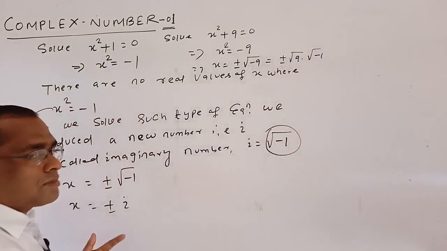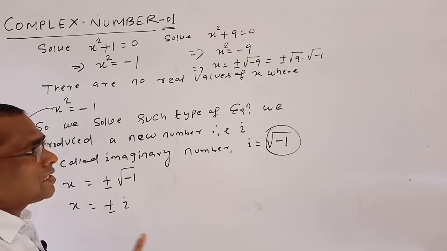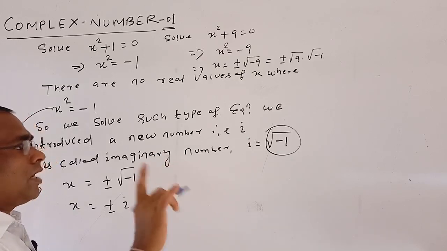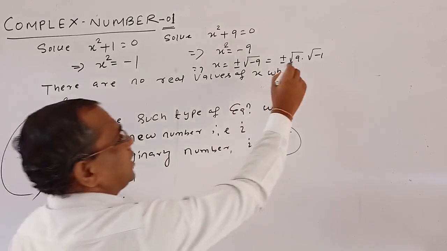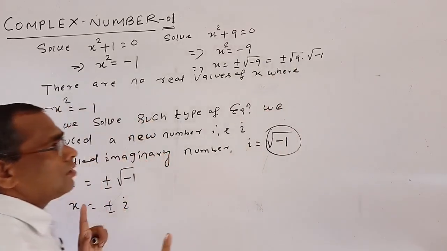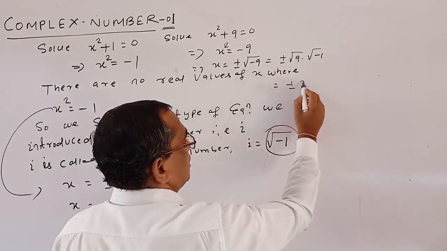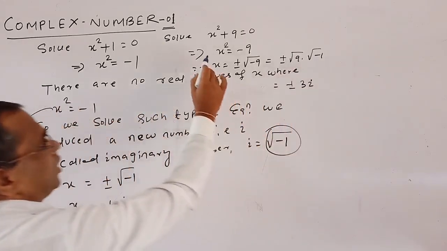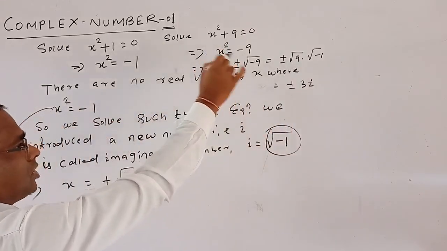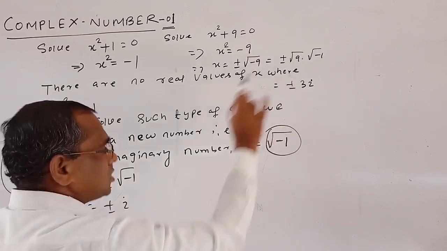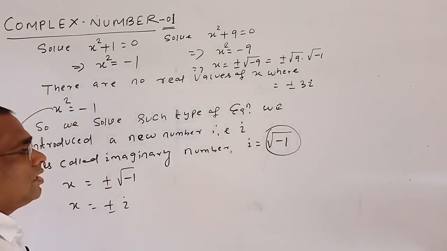Root 9 equal to 3, but root minus 1 equal to I. So this is plus or minus 3I. So its solution is x equal to plus 3I and minus 3I. These are the two imaginary solutions.